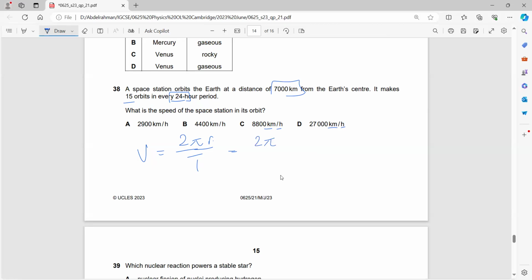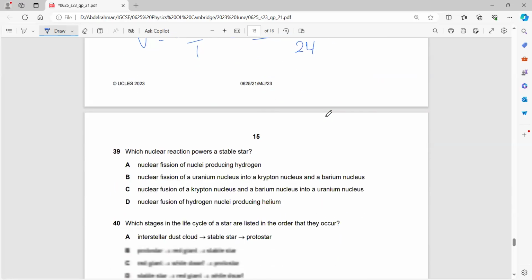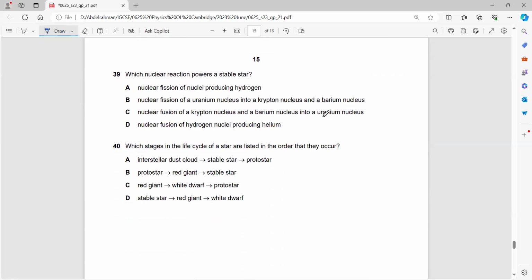So basically, 2 pi times 7,000 times 15 divided by the period, which is 24 hours. This would give me a final answer of around 27,000 kilometers per hour.